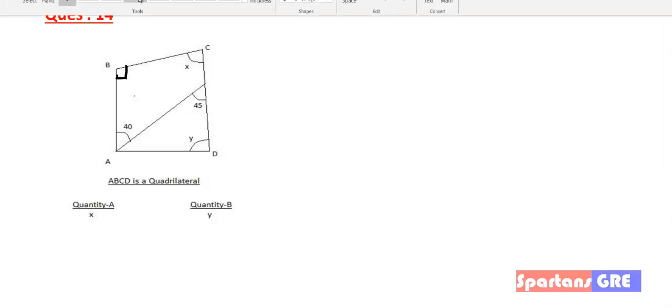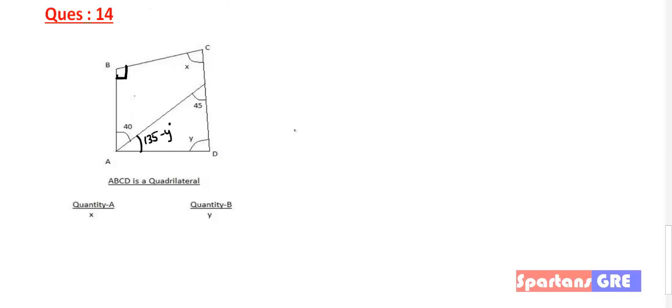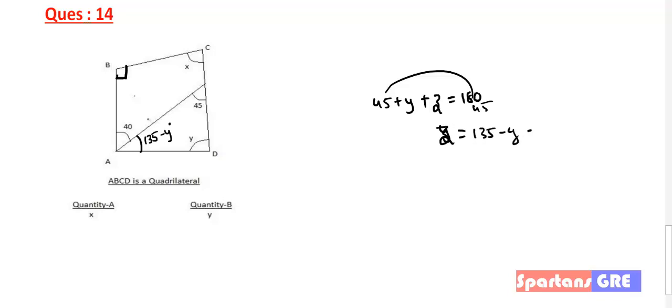So if this is y, what will be this angle? This will be 135 minus y, because total angle y plus this plus let it be z is equal to 180. So z will be your 135. This 45, if it goes here, it will be 135 minus y. So this one we got.